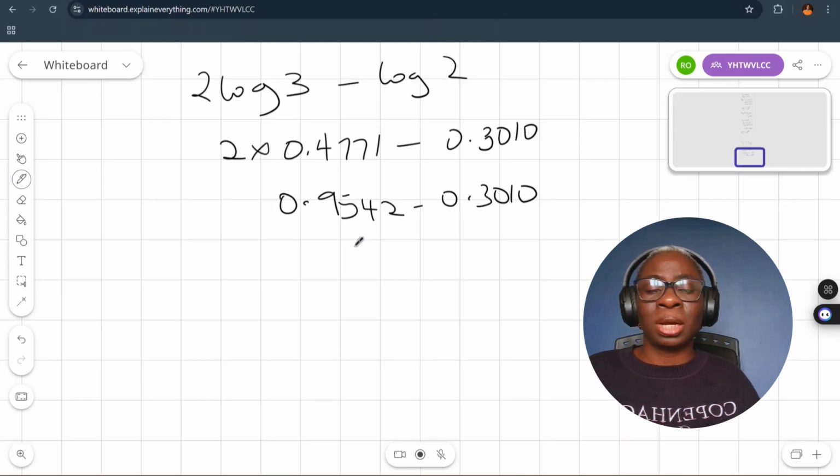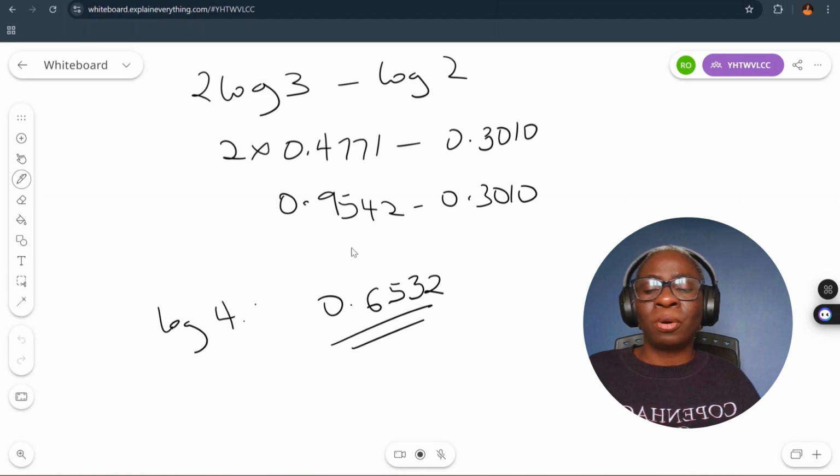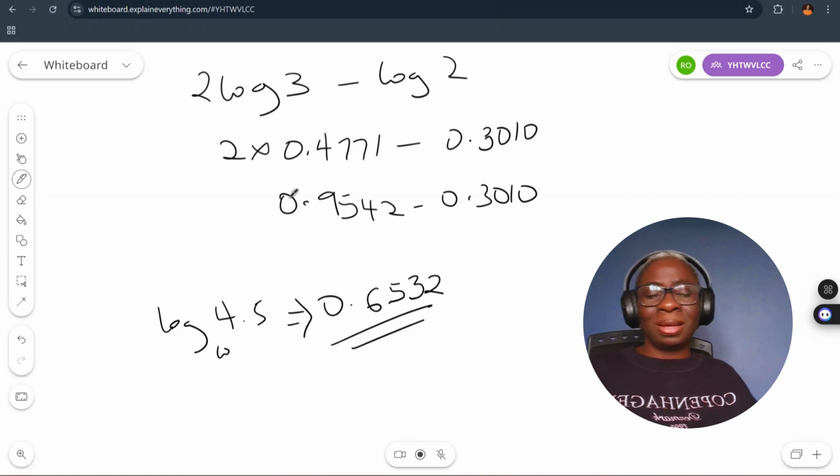And when we subtract, 2 minus 0 would be 2, 4 minus 1 would be 3, 5 minus 0 will be 5, 9 minus 3 will be 6. So this is 0.6532 for log 4.5 base 10. And that's it.